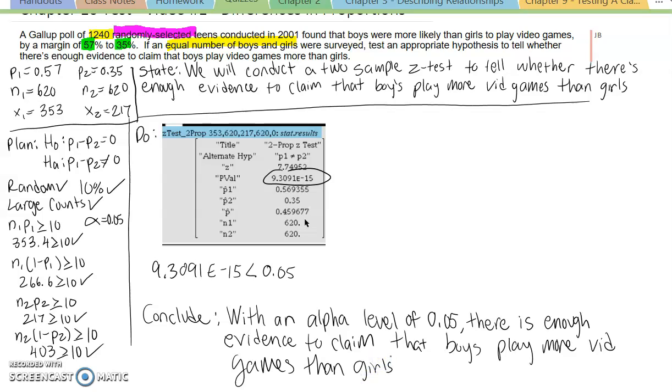Okay, so with an alpha level of 0.05, there is enough evidence to claim that boys play more video games than girls. And that's all.